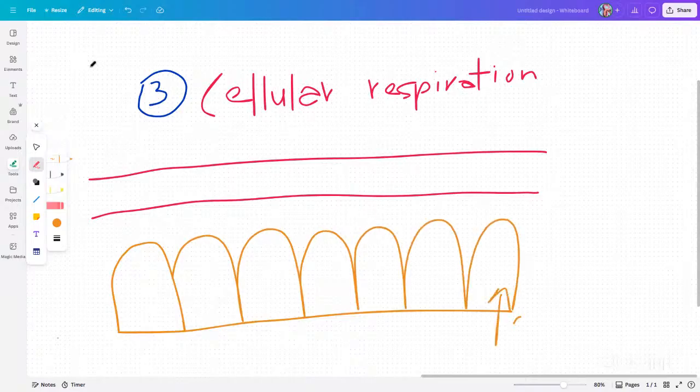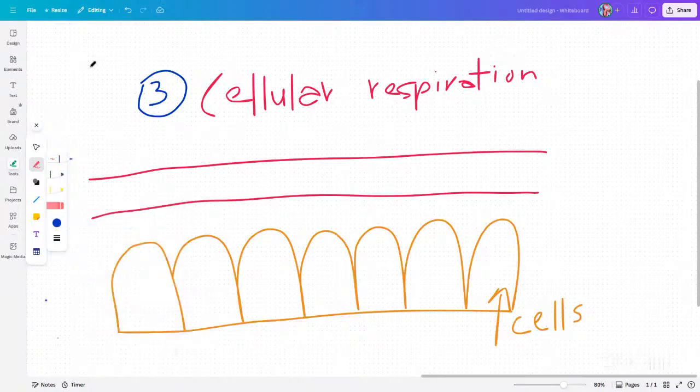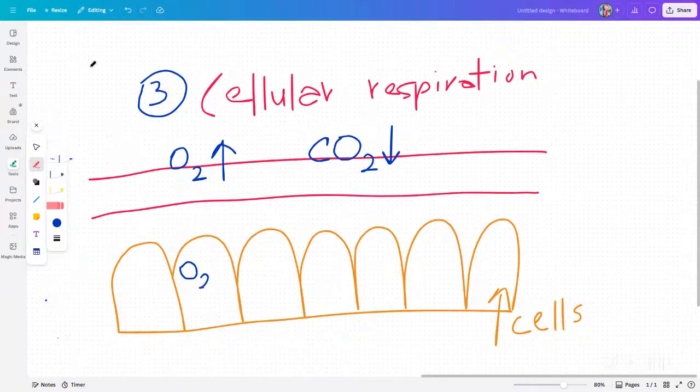Now, in this particular blood, the oxygen concentration is high, right? Because from respiration, oxygen concentration is high and carbon dioxide concentration is low. So what happens in the cells? In the cells, oxygen concentration is going to be low and carbon dioxide concentration is going to be high.